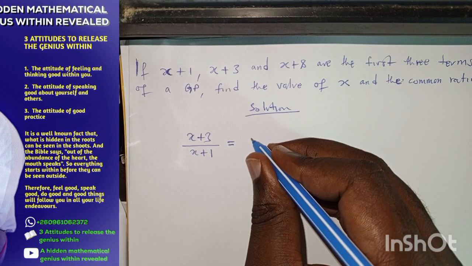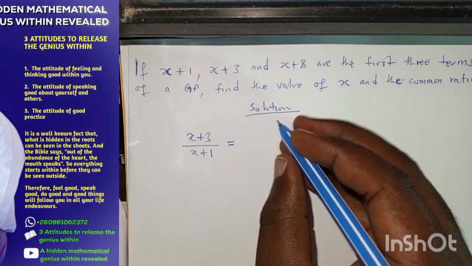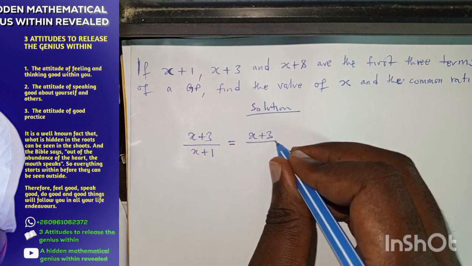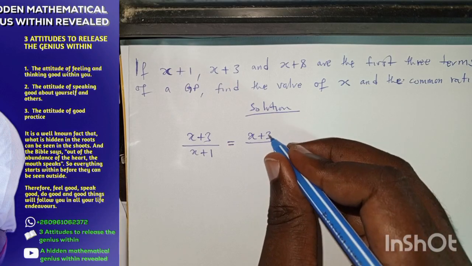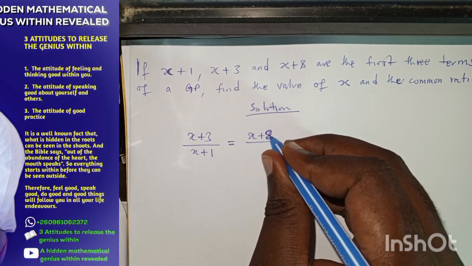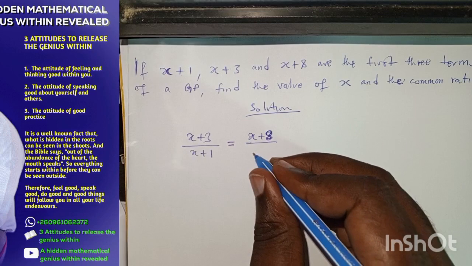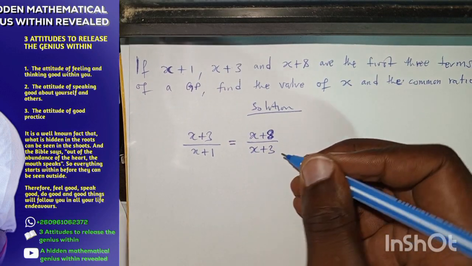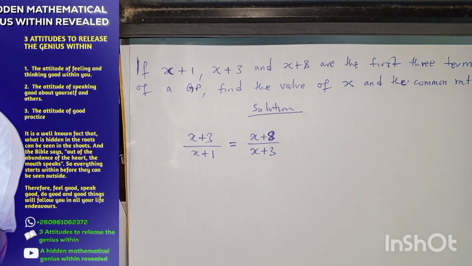Okay, so you divide consecutive terms. So third term, which is x plus 8, divided by second term, which is x plus 3. Okay, so this is an equation.